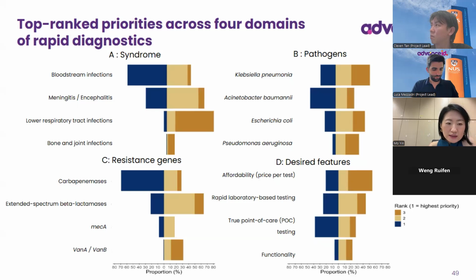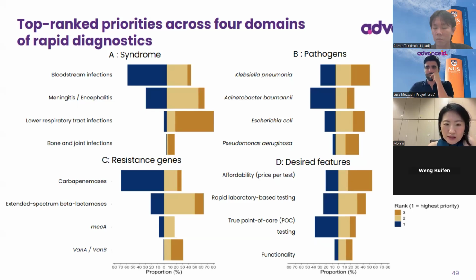And as we know, these are the infections that cause very high mortality in the region. Secondly, there's a lot of interest in gram-negative bacteria as well, and these also happen to be the WHO priority pathogens in terms of AMR, antimicrobial resistance.